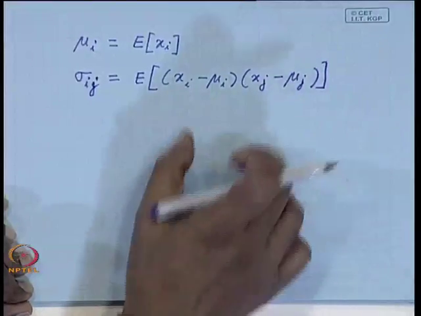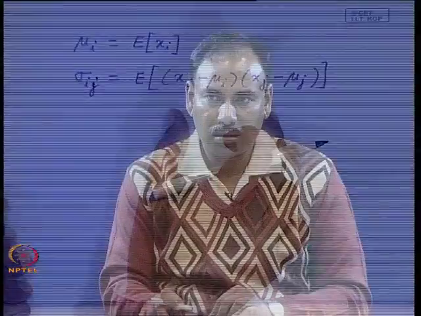So, this gives you the covariance between the ith component and the jth component.